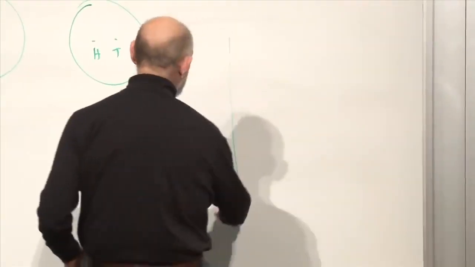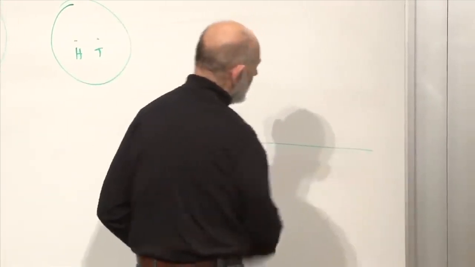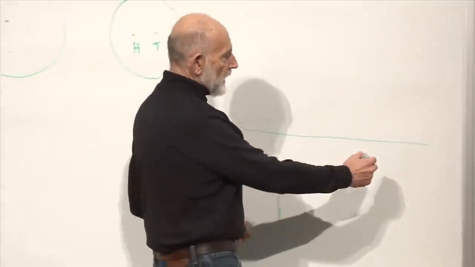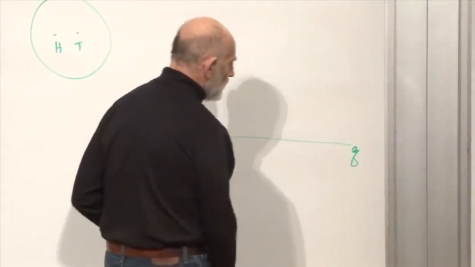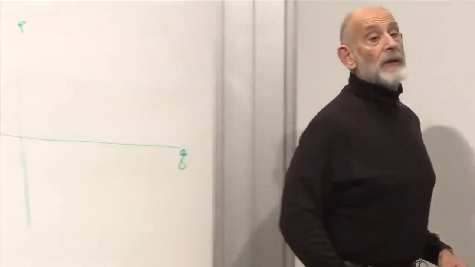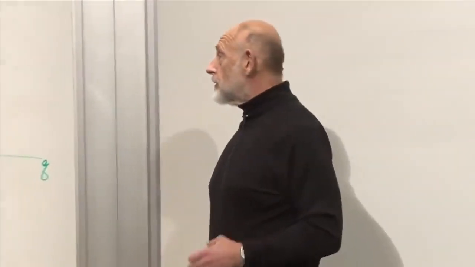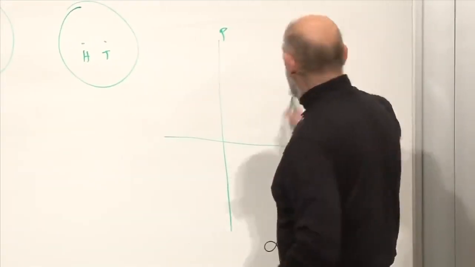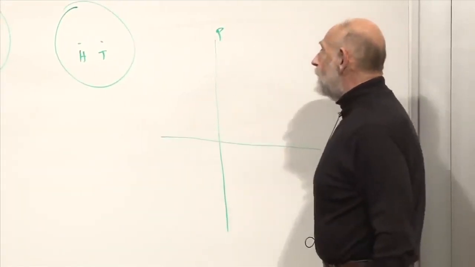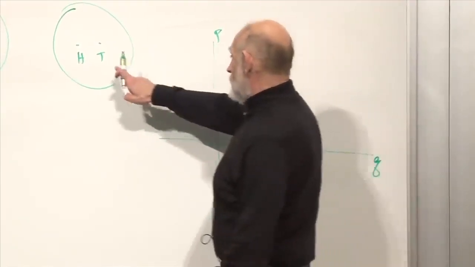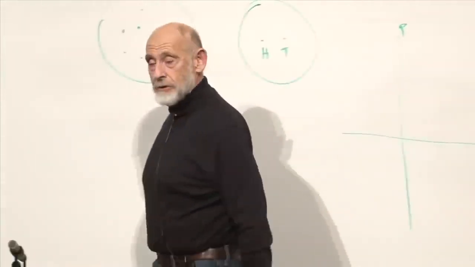And so, for a particle moving on a line, the possible states of the system form a plane, and the plane has a position, sometimes called q, a momentum, sometimes called p, and every point on that plane is a possible state of the point particle moving along the line. But it's a set. In this case, it's a continuously infinite set of 2 dimensions. In this case, it just consists of 2 points. In this case, it consists of 6 points.